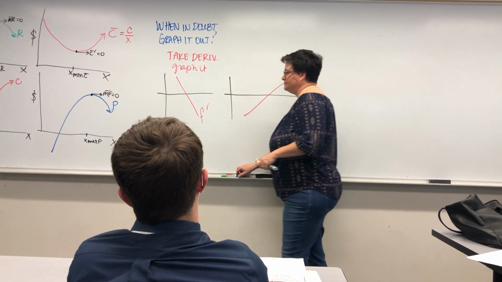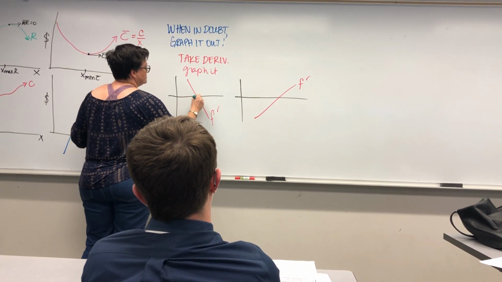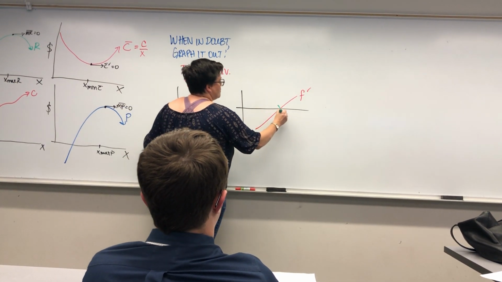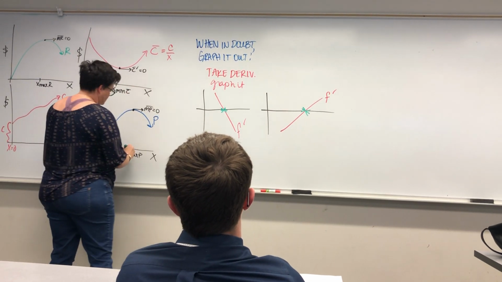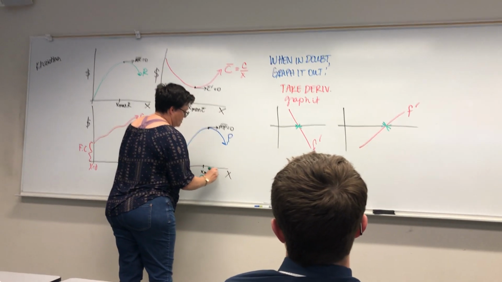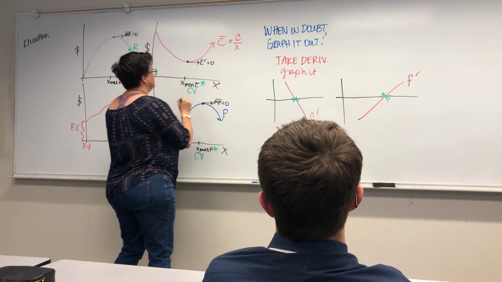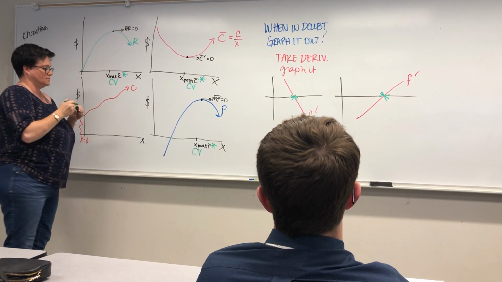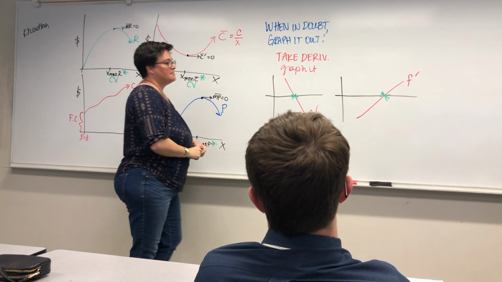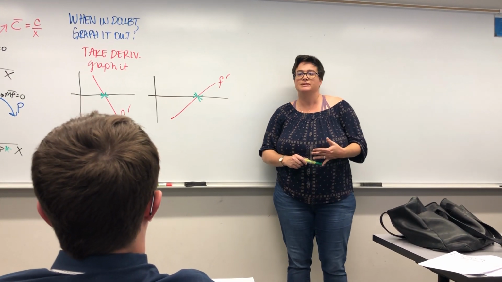Because this point, that x value is your critical value, isn't it? That critical value is this critical value, is this critical value, is this critical value. Wherever it crosses the x-axis, that's where your slope is 0.